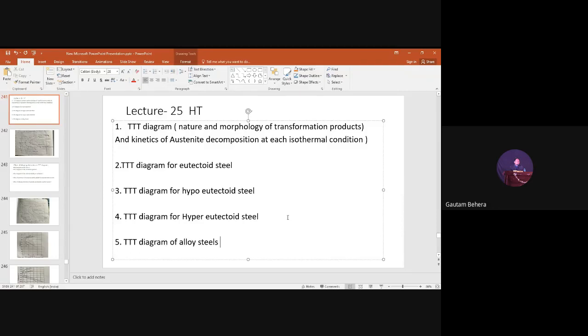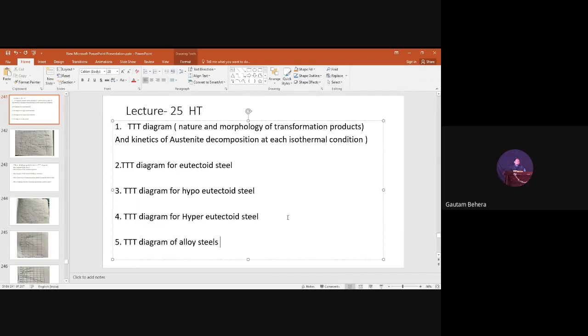And the incubation period also indicates the relative stability of the austenite phase, because the longer the incubation period, the more stable the austenite is. That means it will not start decomposing into other products. Also in that plot, there is a transformation start time and a transformation finish time.